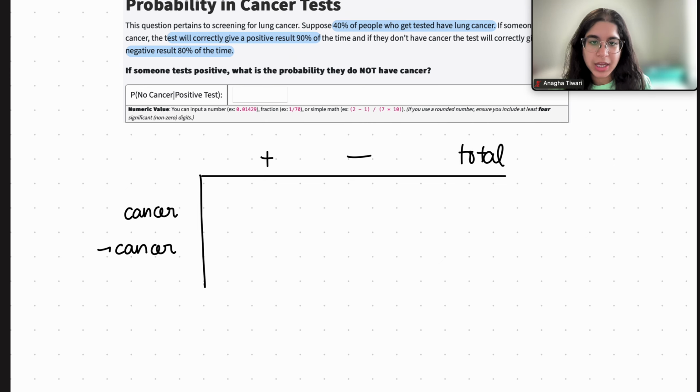I think it doesn't matter where you write; if you flip these columns around, that's totally fine. But I'm making my marginal columns as well because I want to include those. So I'll just make my table here.